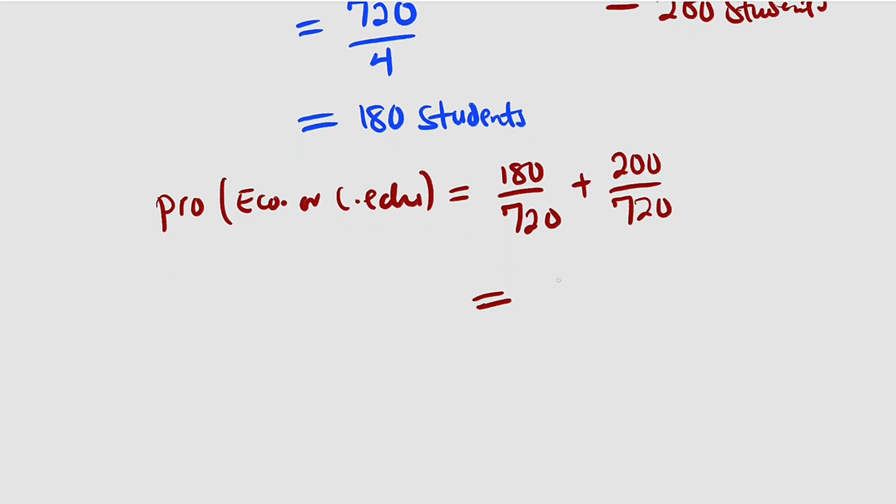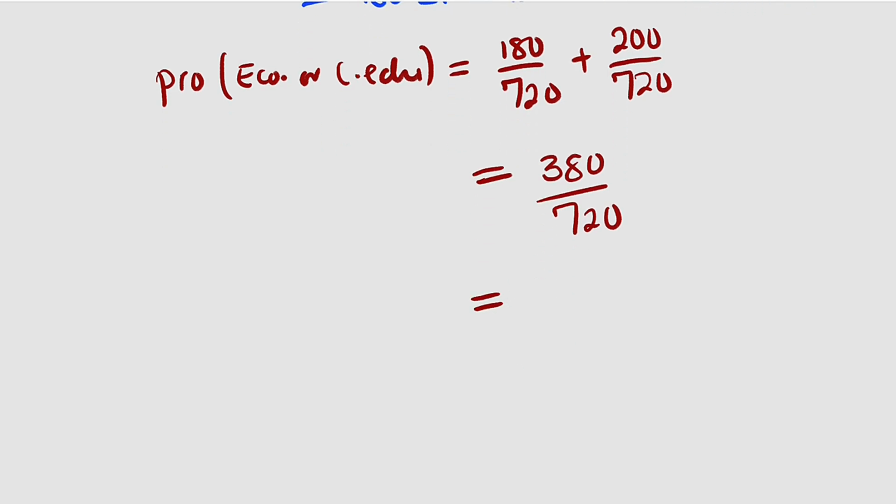If you simplify this, you have 380 out of 720. To the lowest term, we have 19/36. So this is the probability that the student picked at random offered either economics or civic education: 19/36.